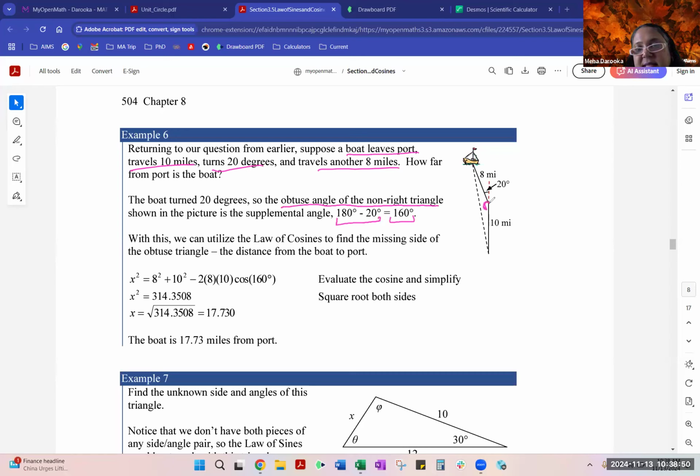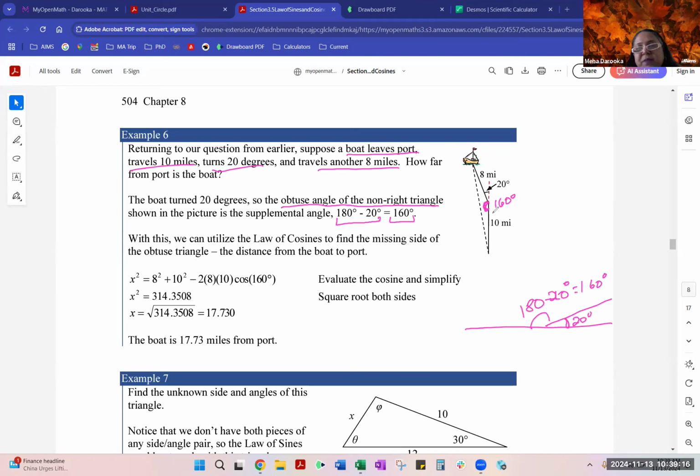So this angle over here is going to be 160 degrees. Of course, we're using the idea of a straight angle: if one of these angles is 20 degrees, then the remaining one has got to be 180 minus the 20, which gives you 160. That's the concept we're using here.